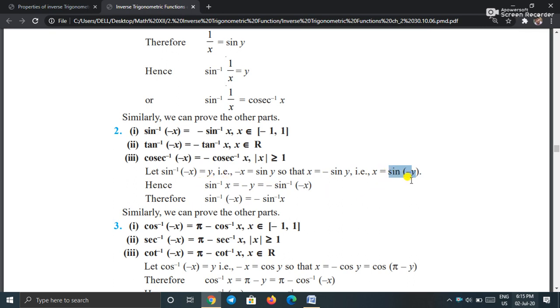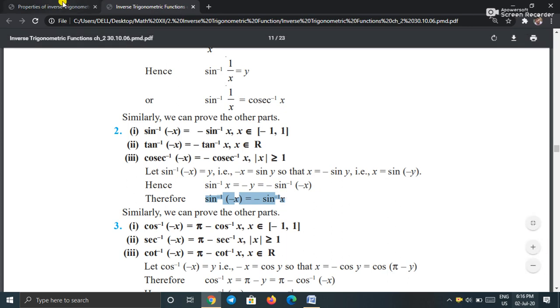Now again using the property of inverse function, minus y is equal to sin inverse x, right. So y is equal to minus sin inverse x, so sin inverse minus x is equal to minus sin inverse x.